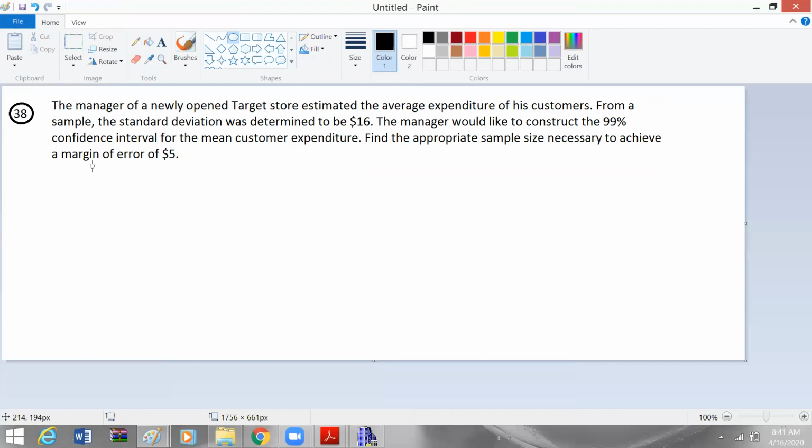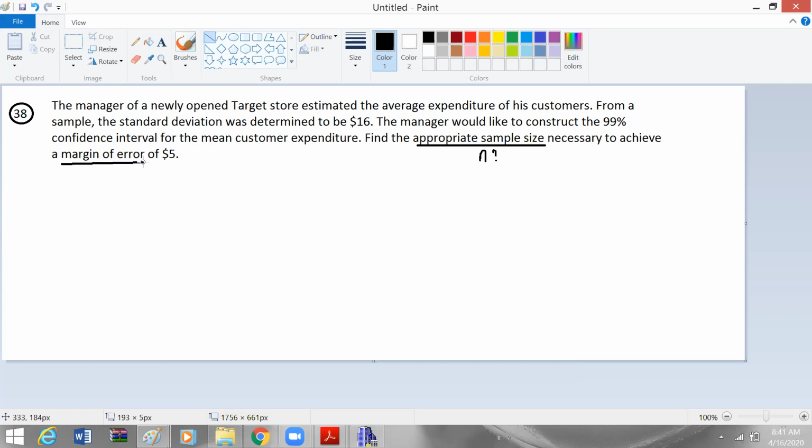Now we need to analyze the keywords. We need to look for n because the question is asking us to find the appropriate sample size. We never know what the n is, but now we look at this part: the margin of error is 5 hours.